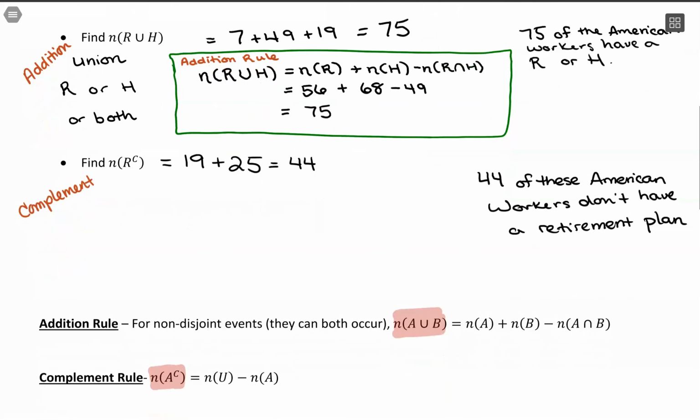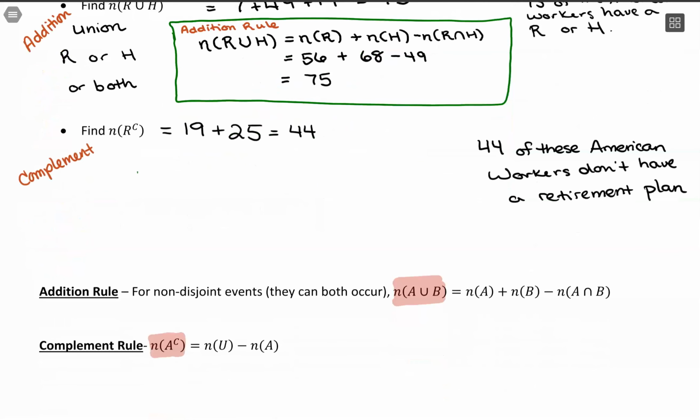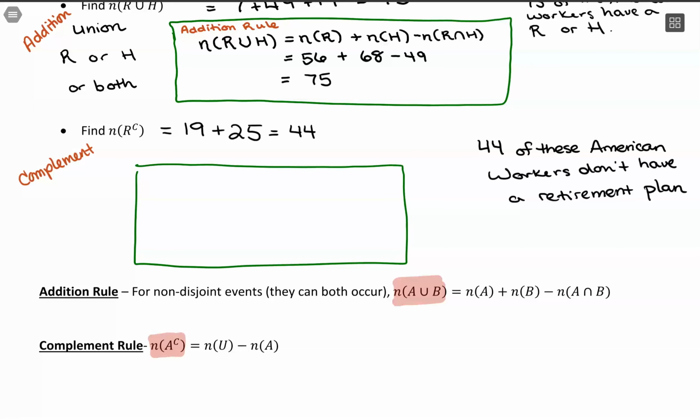So, the actual complement rule, though, just so you can see how that applies here. The complement rule says if we want to exclude an event, so if I want to find not retirement plan, what you can take is the cardinality of your universal set, so how many people are in your overall group, and then remove the cardinality of the event that you're trying to exclude.